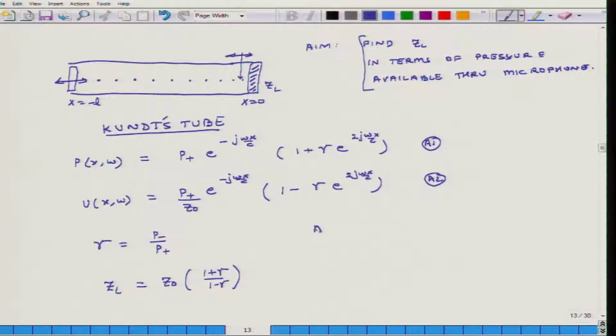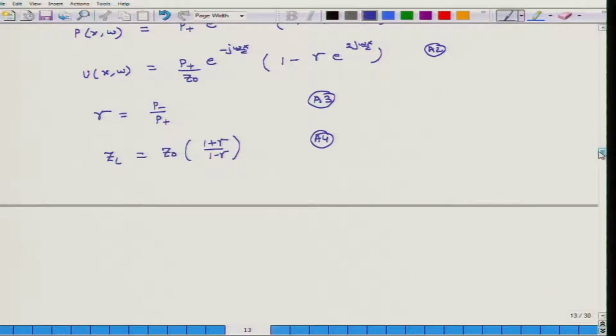Okay. So, I call this equation A3 and this equation A4. These are mathematical relations and our aim is that ZL is unknown. If I know gamma, I can calculate ZL. So, now we have to figure out how to find gamma.